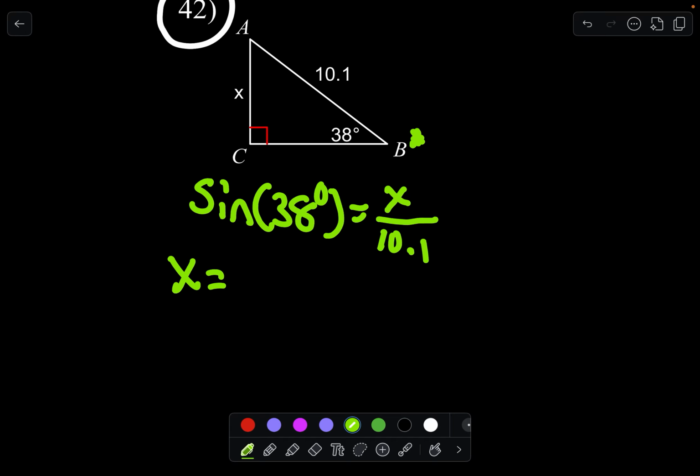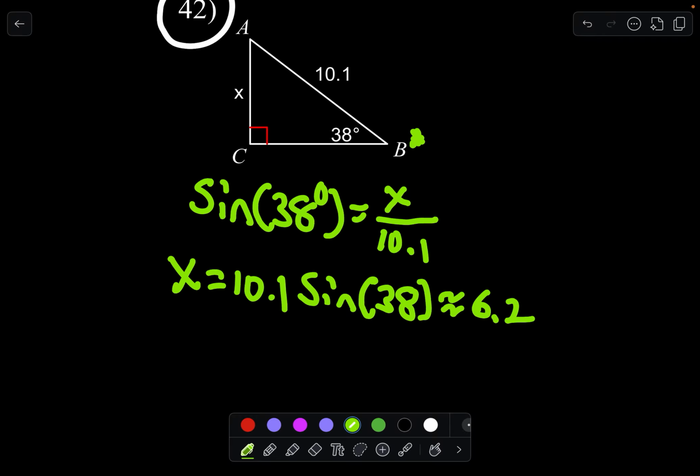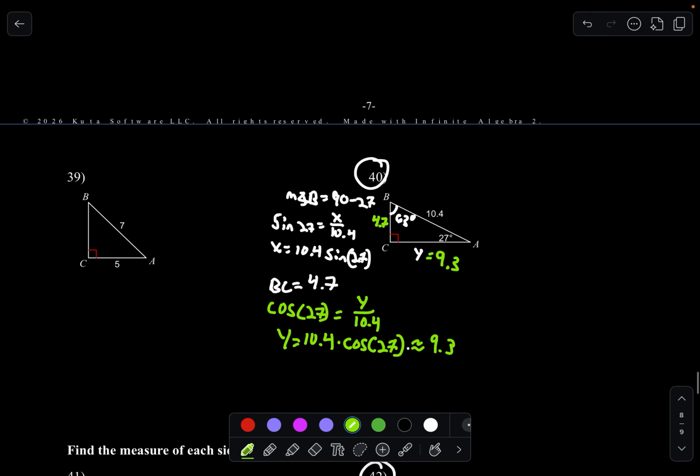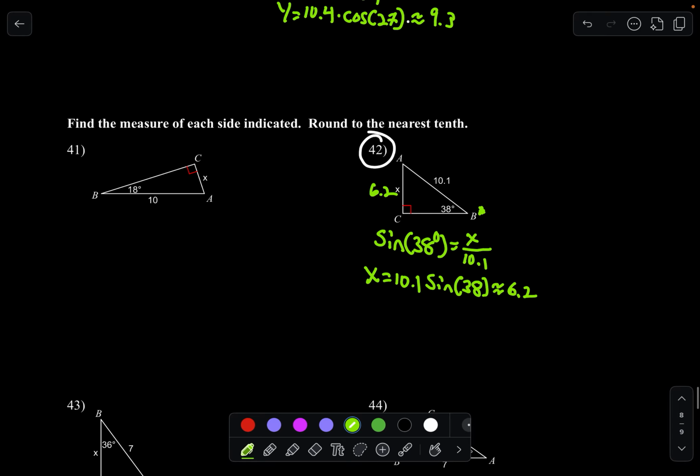So x equals 10.1 times sine of 38 degrees. Going to your calculator, I got 6.2. So that's the missing side. This is very much like the ones above where it says solve the whole triangle, except this is easier because you only need to find one thing.